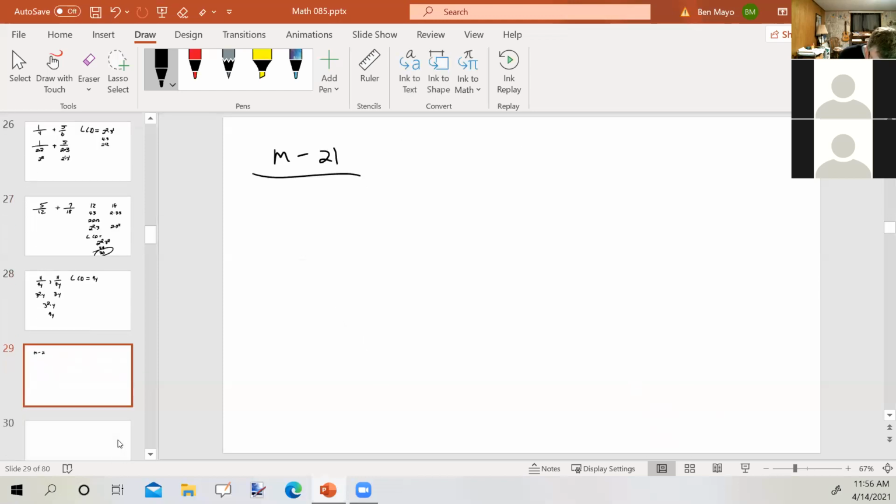All right, here we go. m minus 21 over 12m to the fourth, comma, m plus 1 over 18m. So what's the least common denominator of 12m to the fourth and 18m? 36m.